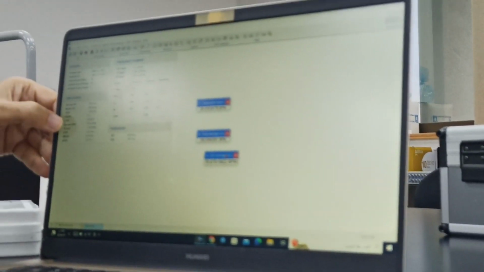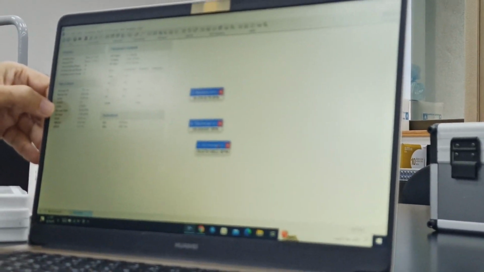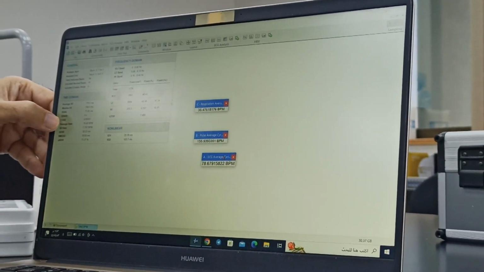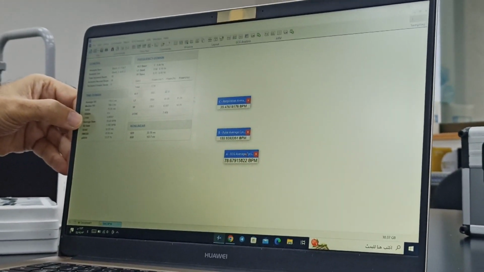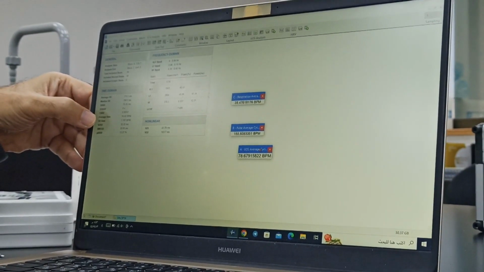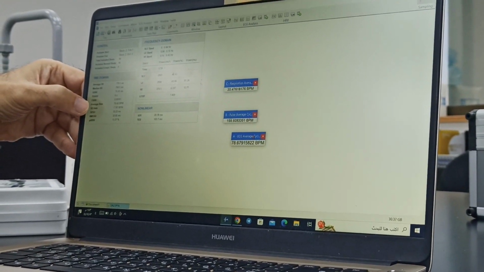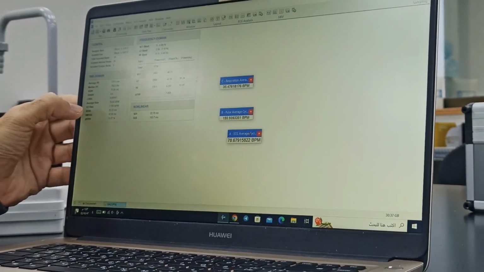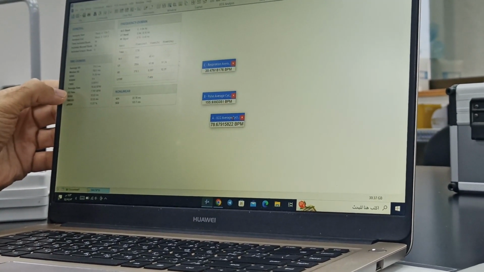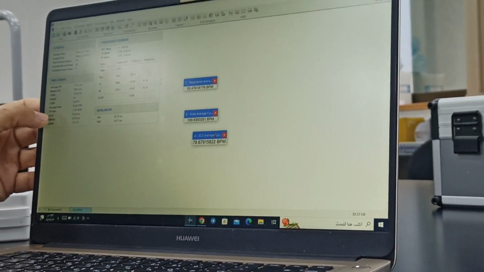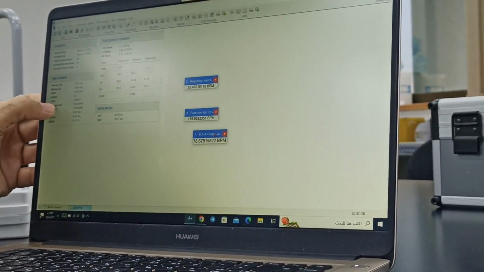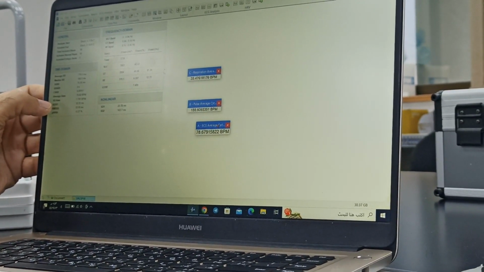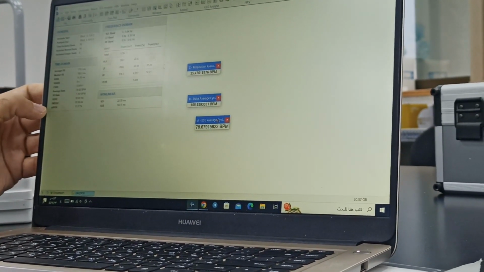Next one is coefficient of variation, again a statistical calculation where standard deviation and mean both are included, so we'll keep this one also. Now average heart rate is 78 beats per minute, and SD rate and ST we are not using up till now. So probably in this project we will use this data.